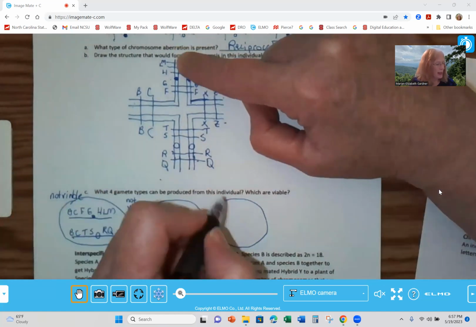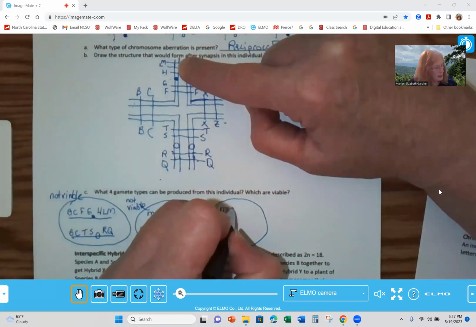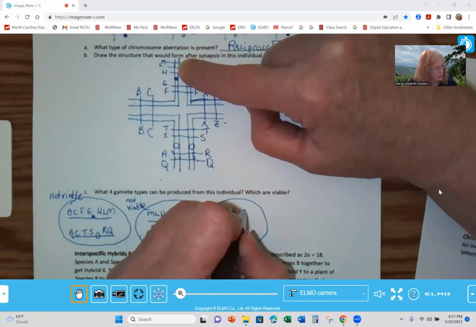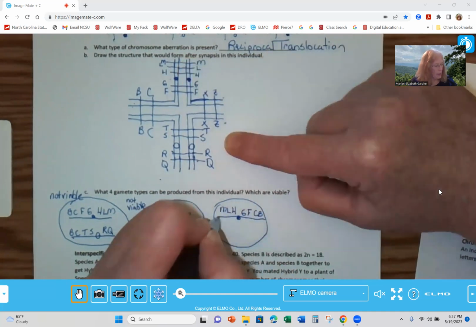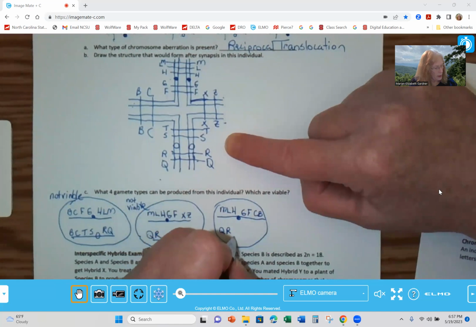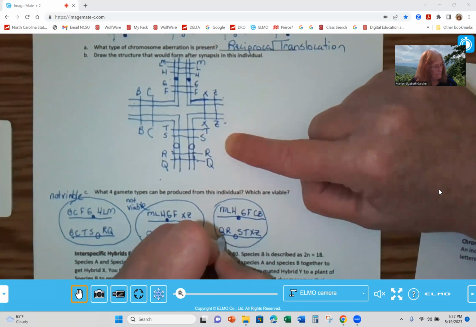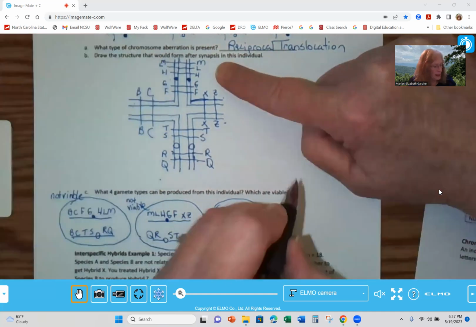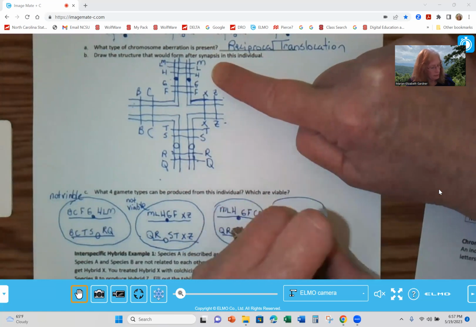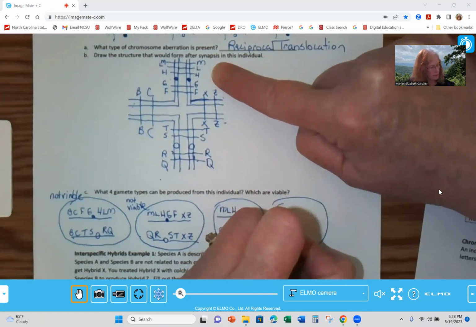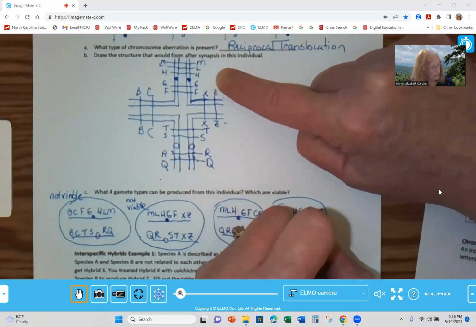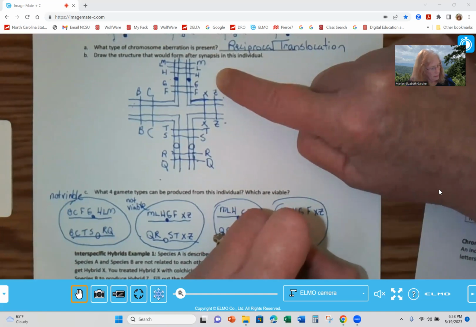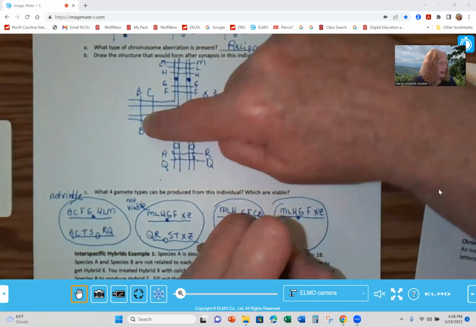So let's do top left, M, L, H, centromere, G, F, C, B. Bottom right, Q, R, open centromere, S, T, X, Z. And then the last one is top right, that was a closed centromere, and bottom left.